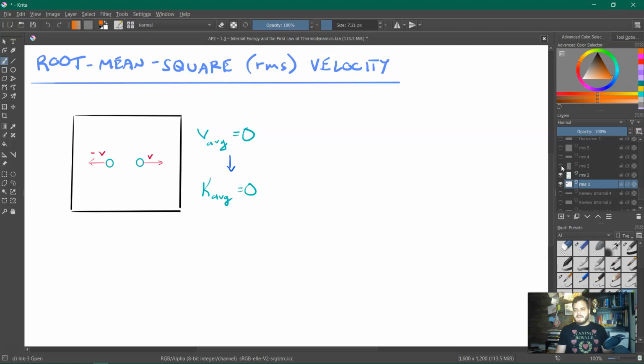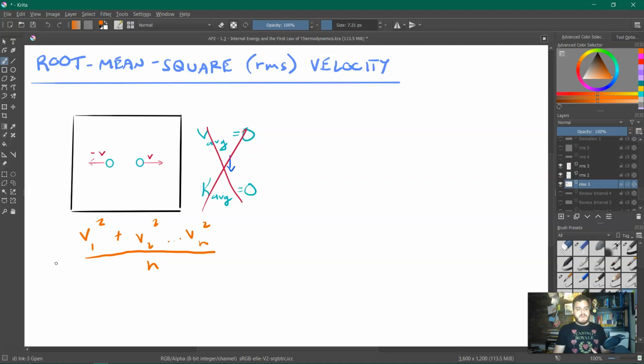So instead, we ignore that, and instead use something called the root mean square velocity. The idea here is that we take each individual velocity, so like v1 and this other velocity v2, and we square them both. And by squaring them, we get rid of the negatives. And we do this for however many we have, and then we divide by the total number. So essentially, we are now taking an average of all of the squared v's.